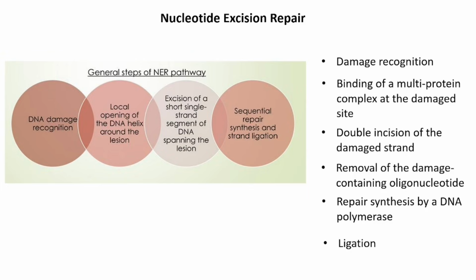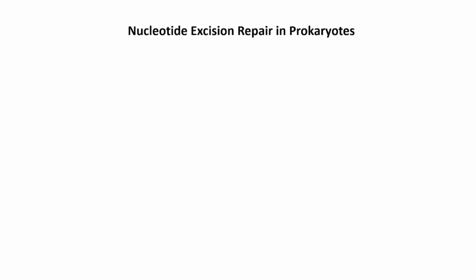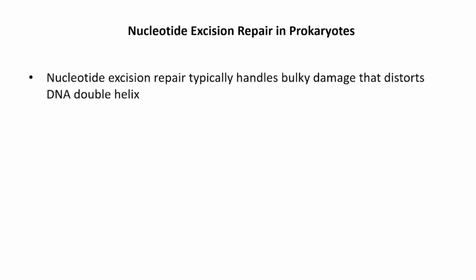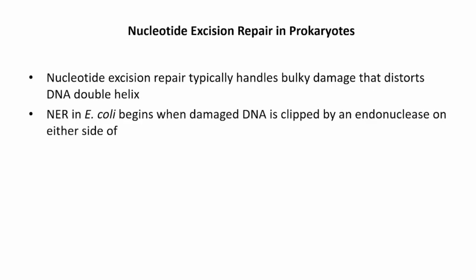Let us first discuss in detail the NER in prokaryotes. In prokaryotes, nucleotide excision repair typically handles bulky damage that distorts the DNA double helix. NER in E. coli begins when damaged DNA is clipped by an endonuclease on either side of the lesion, sites 12 to 13 nucleotides apart.